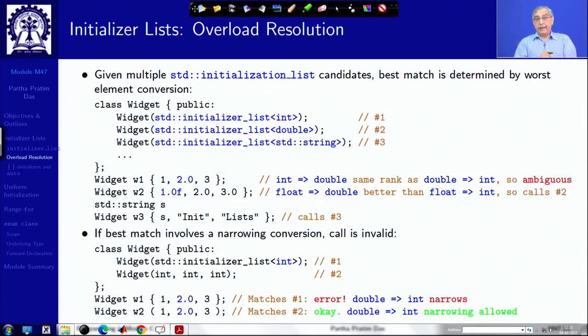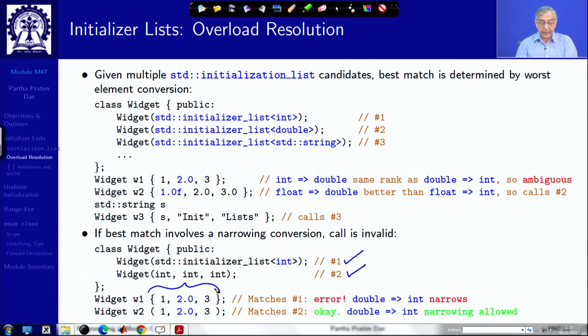Now, let us say I do an overloading with some twist. I have an initializer list and I have another parameterized constructor with 3 int parameters. I am calling it with 1, 2.0 and 3. Now, what will this mean?